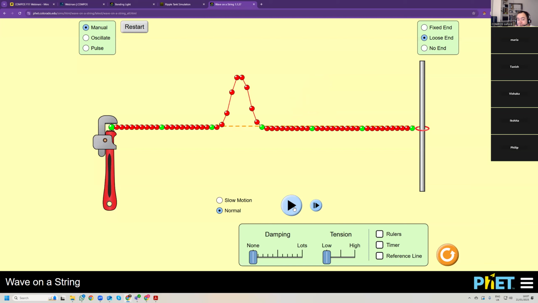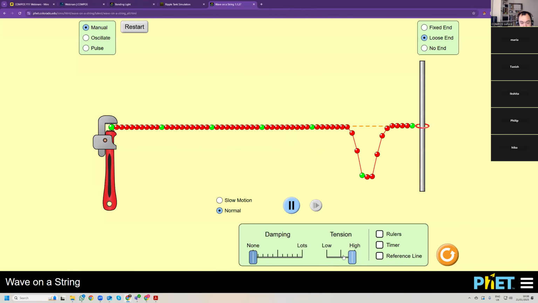Now, imagine if the rope wasn't uniform, but it had two different media. So you would see something like this.